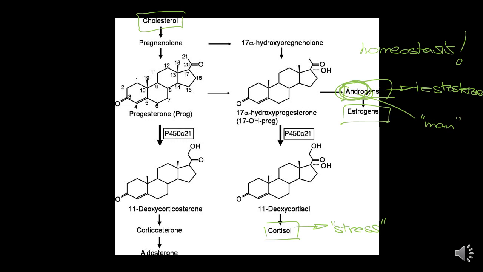So estrogens and progesterones really, those are the female quote unquote hormones, and they're in the oral contraceptive pills. So corticosteroids, and again, going to talk about it later, they can be used as medicines as well.